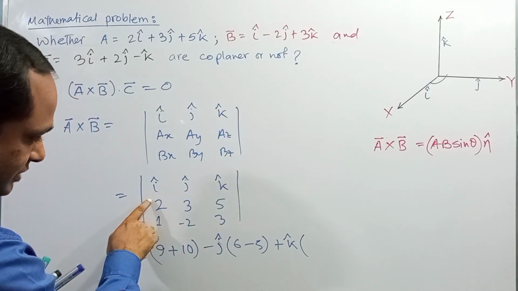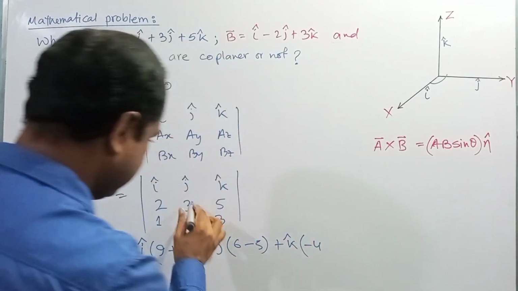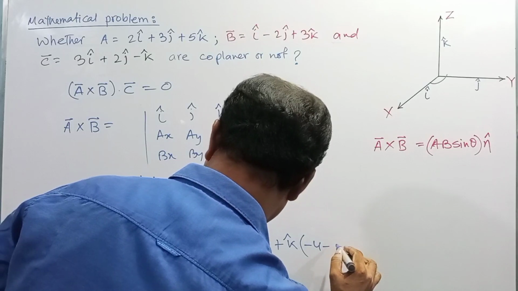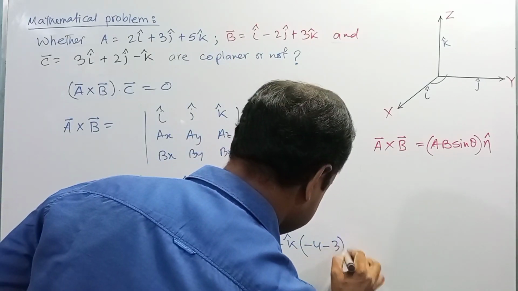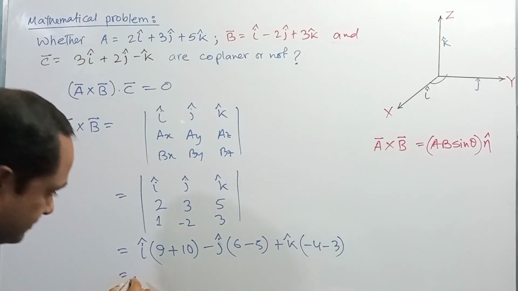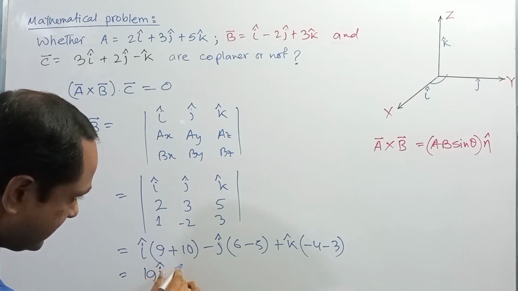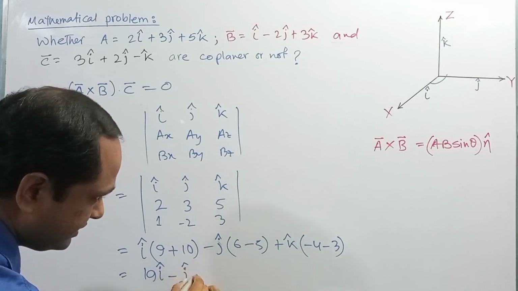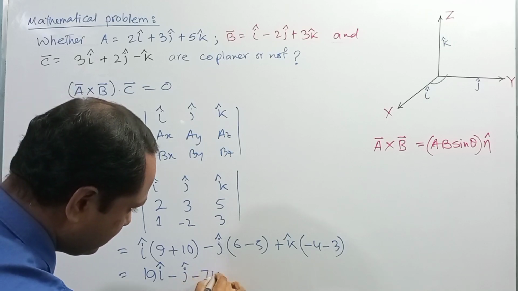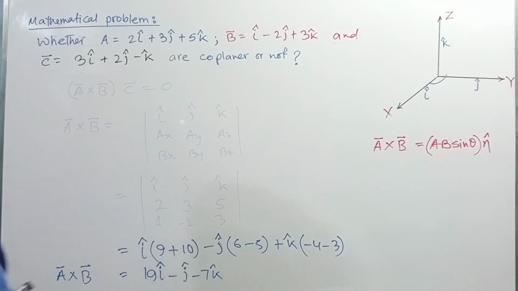First you multiply 2 with minus 2, so it gives minus 4, then the product of 1 with 3. So here we get minus 19i minus j minus 7k. So this is the cross product of A cross B, right?